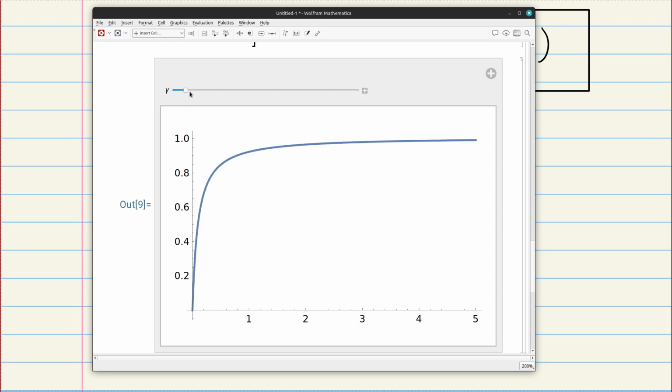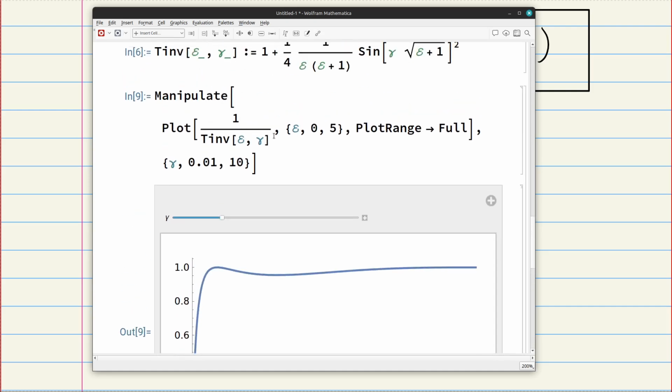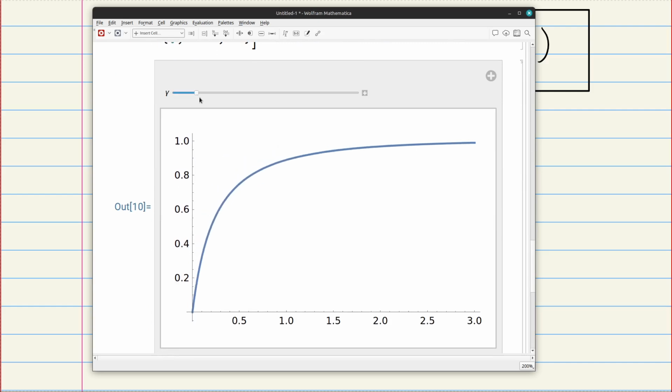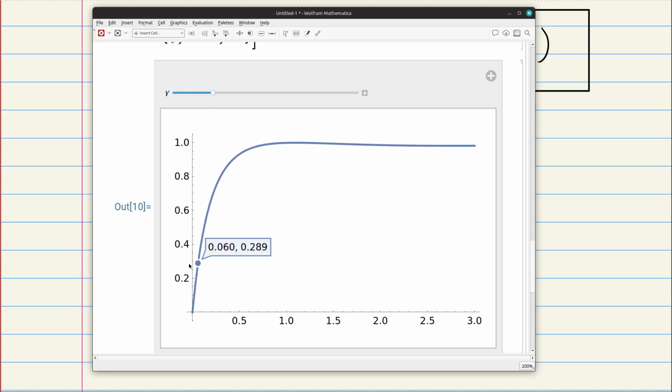Now I increase the barrier, and for large barriers, I think this is a little bit too much. Let me do it like 3. Okay. And here is some transmission less than 1, and at high energies, you have almost perfect transmission.